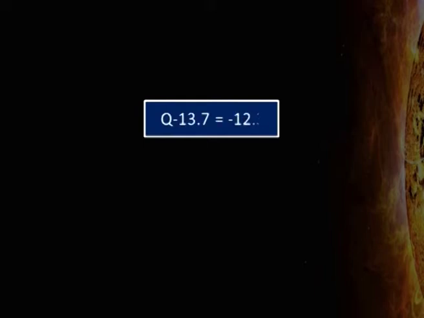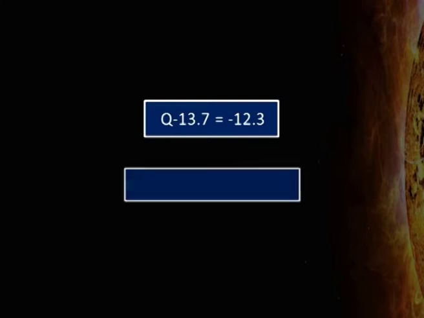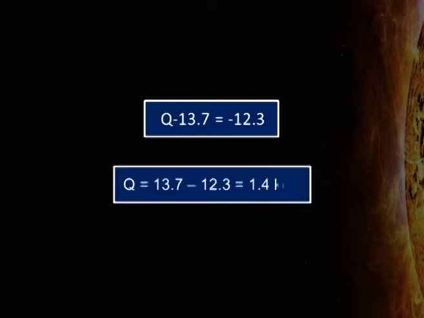Therefore, Q minus 13.7 will be equal to minus 12.3, or we can say that Q is equal to 1.4 kilocalories. Hence, 1.4 kilocalories is the amount of heat which will be required in the complete ionization of ammonium hydroxide, and this energy will be subtracted from 13.7 kilocalories.